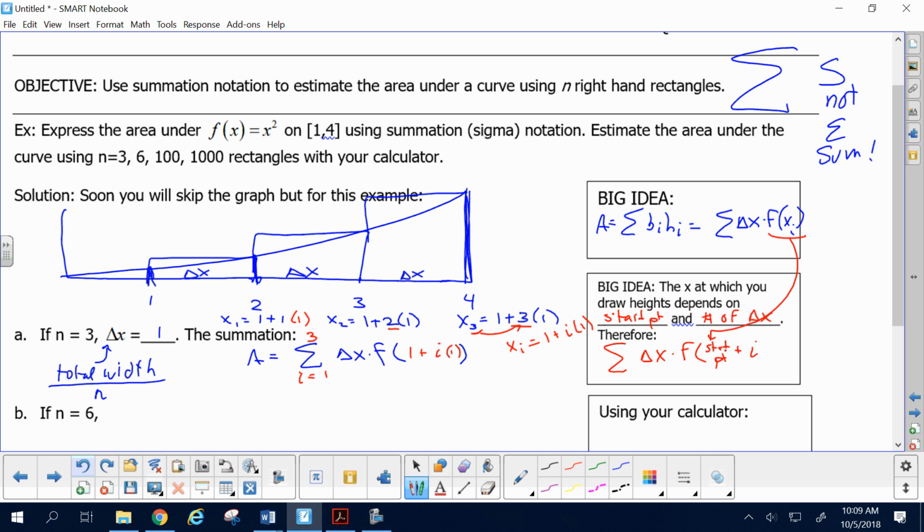Rather than call it n, I'm going to call it i. As far as from where to where, we'll always start with 1 delta x over, and we'll go until we get the total number of rectangles they ask for, which is n.